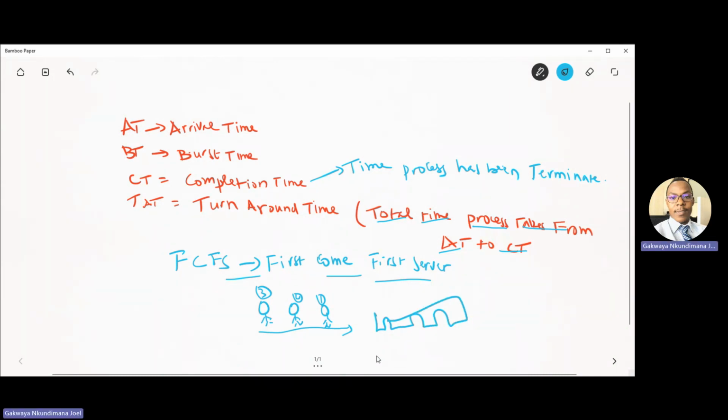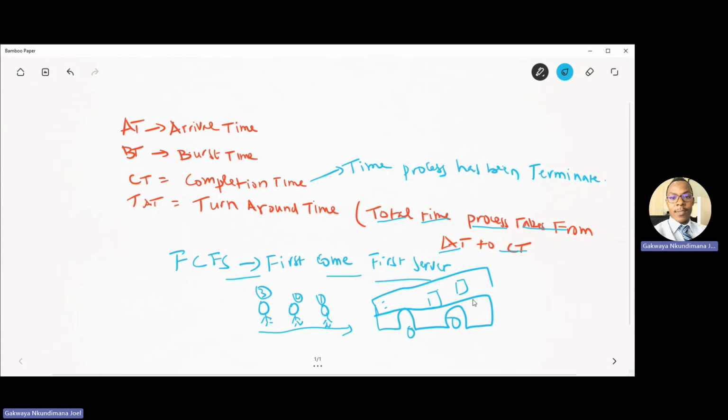The one who comes first will enter the bus, correct? As you come, you enter. So it means first come, first served.